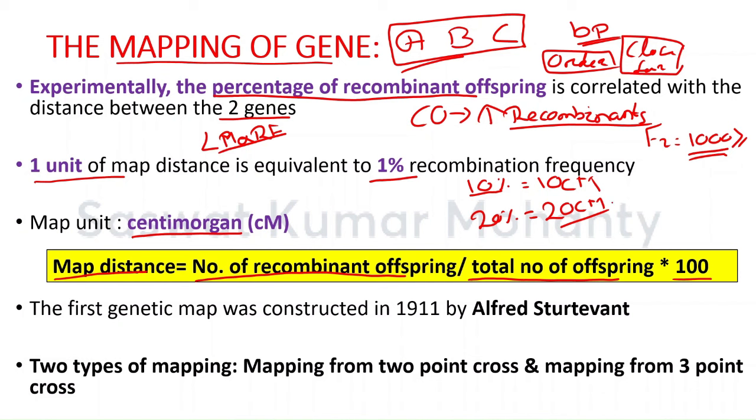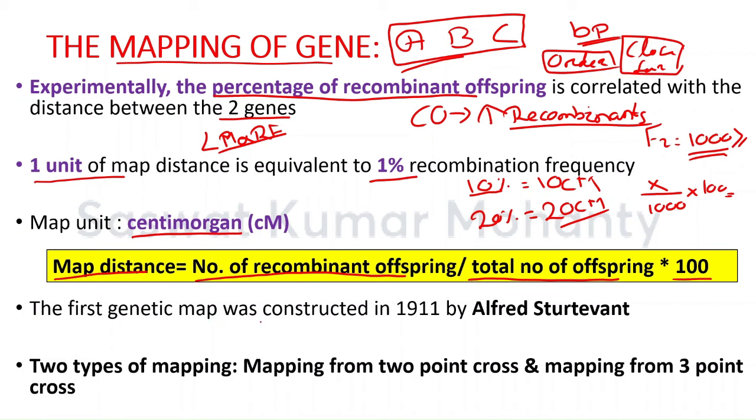So we are simply calculating a percentage. x can be the number of recombinant offspring, and if 1000 is your total number of offspring, into 100. Multiplying by 100 just gives the percentage. So this formula is the same as the formula of recombination frequency.